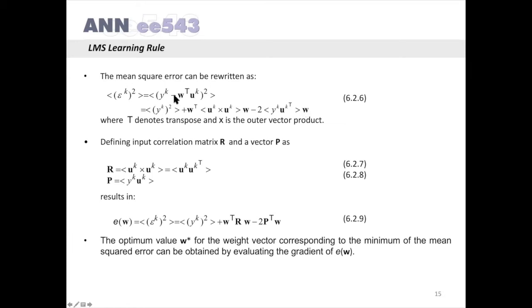Because we have a minus here, we will have a minus there. For the square term, y_k multiplied by itself, here we have the mean value.